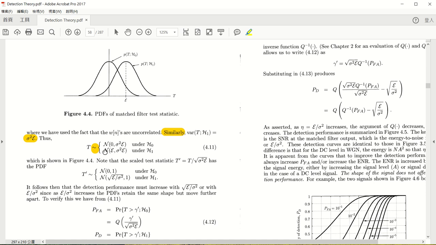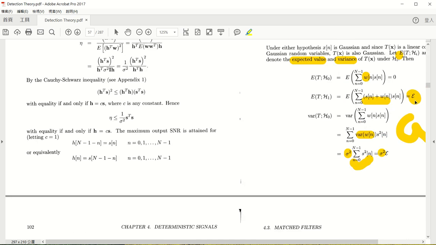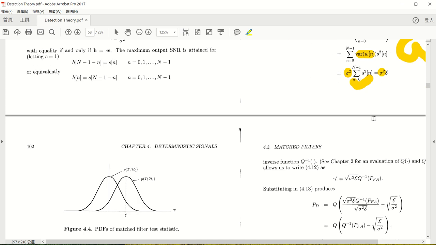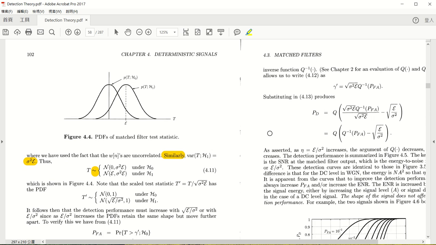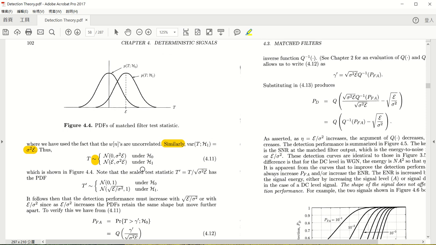And then it's epsilon as the mean under H1, because this has been derived here. And then the variance is sigma square epsilon under H1. Okay, so now we have the expectation and also the variance.